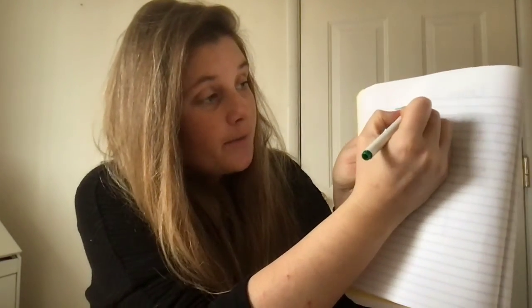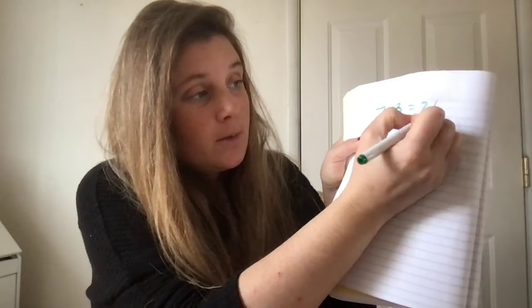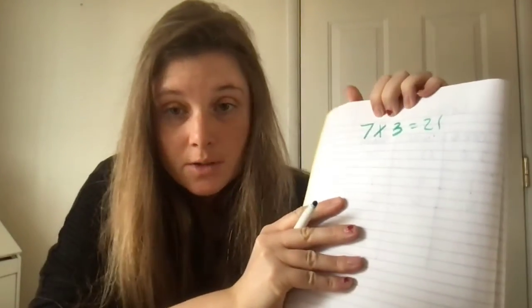Okay, so I know that 7 groups of 3 equals 21, or 7 times 3 equals 21.